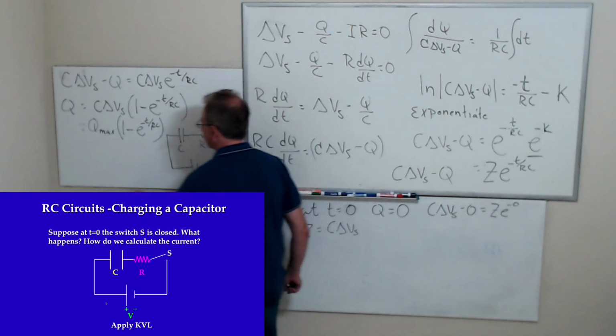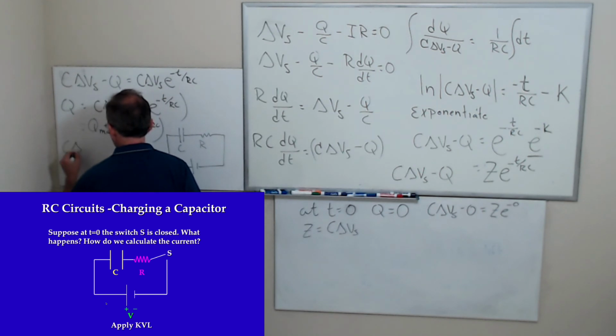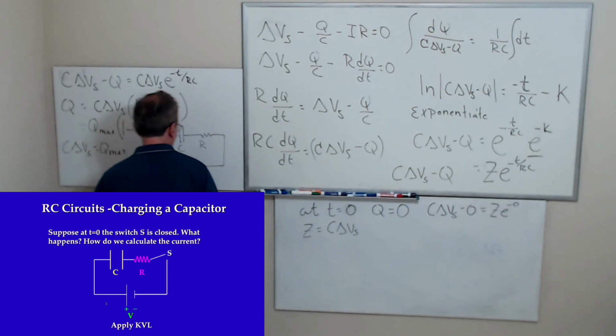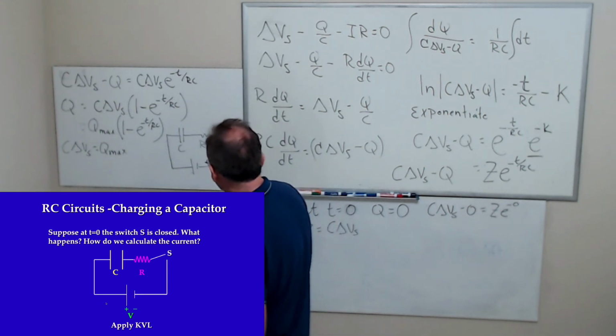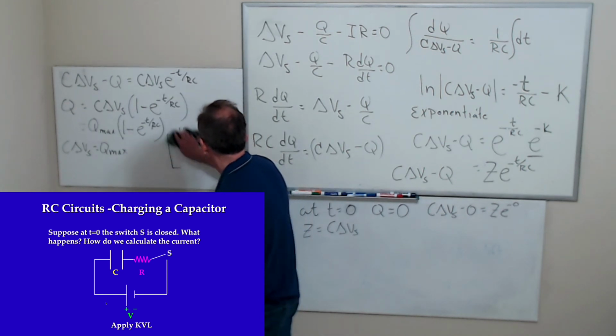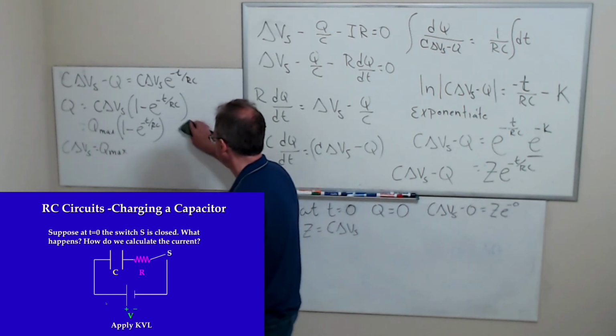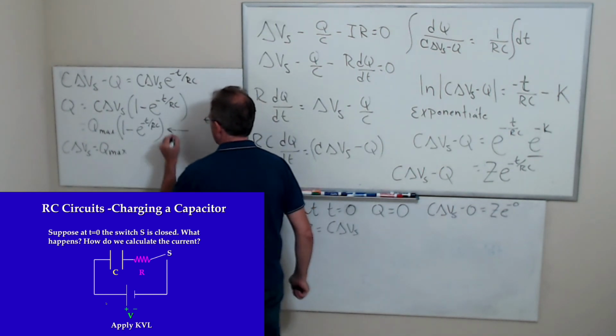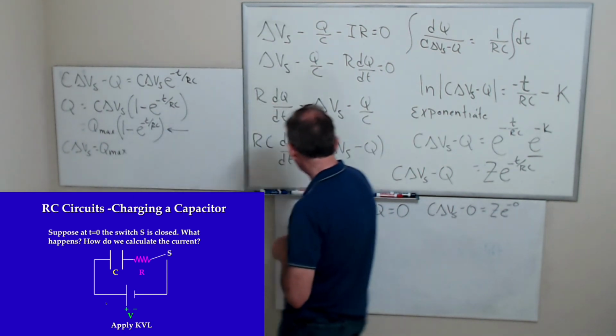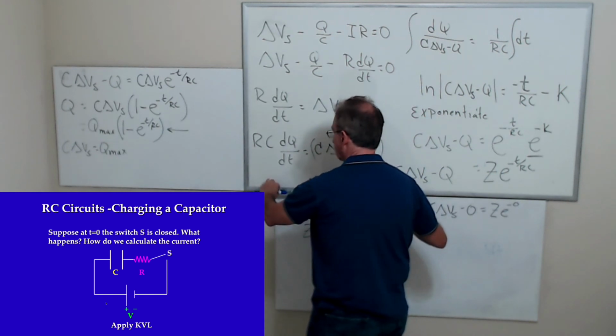So C delta V sub S is the maximum charge that you can place on the capacitor in this circuit. And so this represents the charge on the capacitor as a function of time.